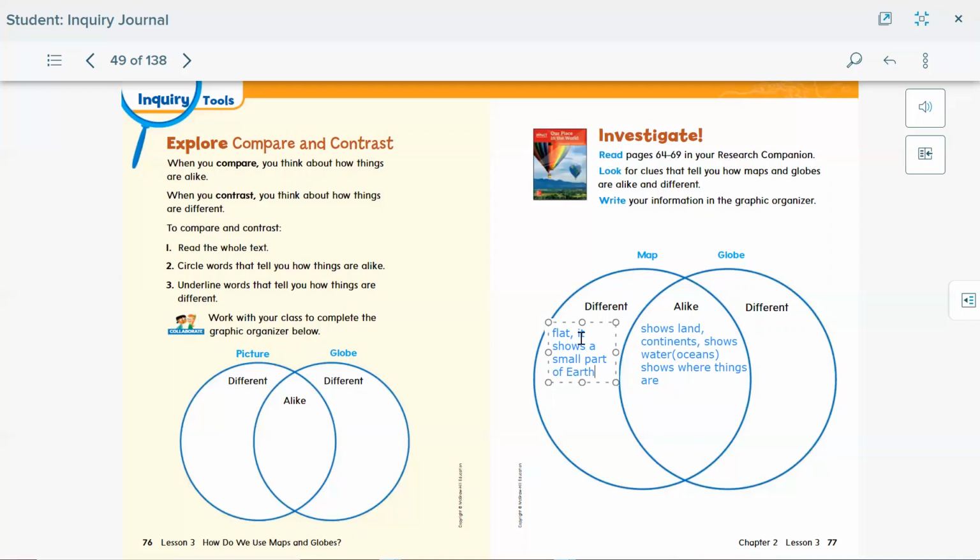But we know the globe, shaped like a ball, very good. It shows the whole Earth.